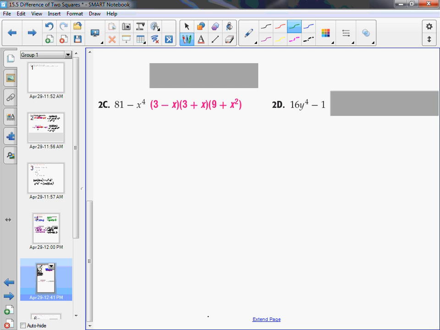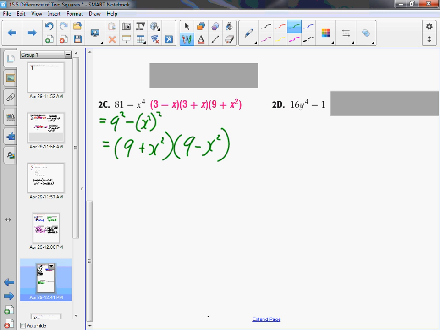Is 81 a perfect square? Yes, it's 9 squared. Is x to the fourth a perfect square? Yes, it's x squared, squared. You don't have to write that down, do you? You have to identify the 9 and the x squared. So that's a squared minus b squared. So you get a plus b times a minus b.